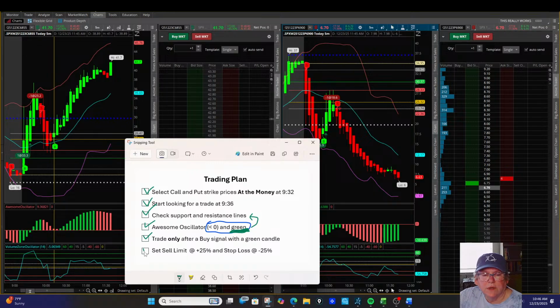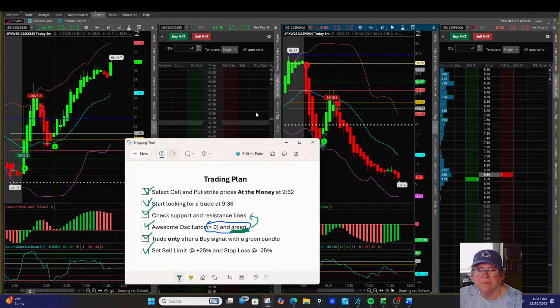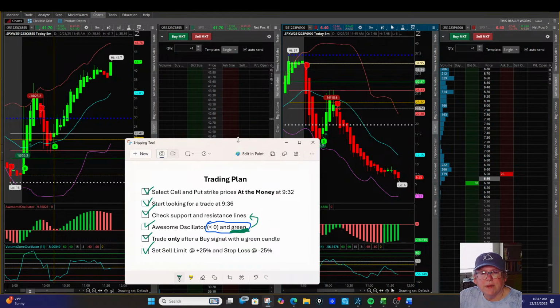And this trade would not have resulted in stop loss. It just continued to go straight up. So once it hit the 25% mark, which was the 41, that was it. So that's basically my trading plan.